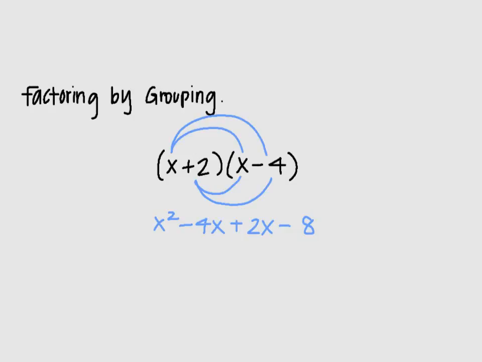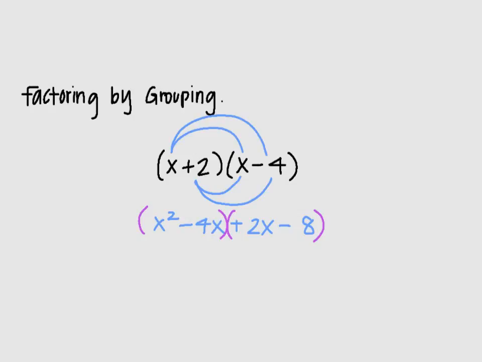So what that means is I can break this polynomial up into x squared minus 4x and positive 2x minus 8. So now I just broke them up, and instead of looking for factors in all 4 of the terms, I'm going to look for factors that exist in the first 2 terms and factors that exist in the second 2 terms.